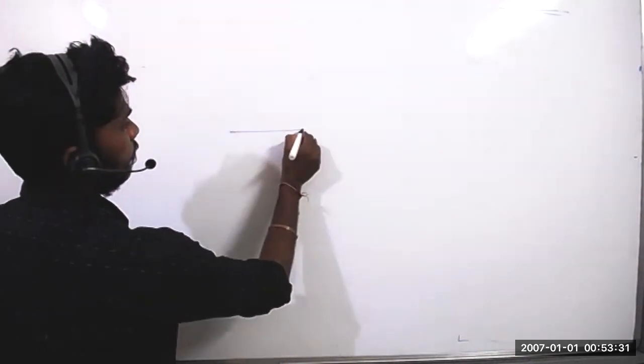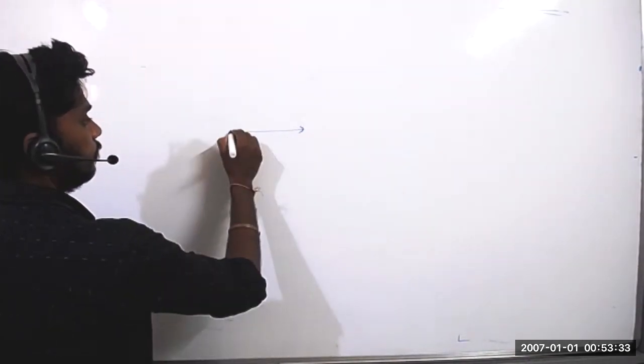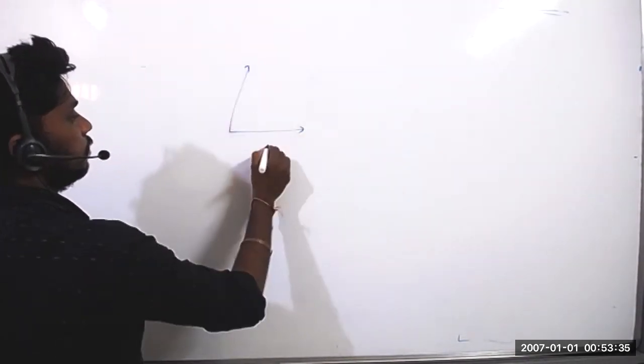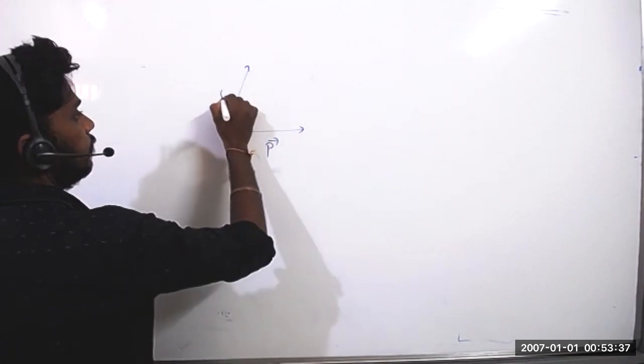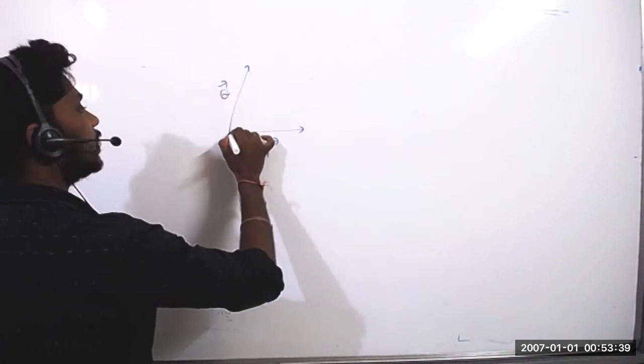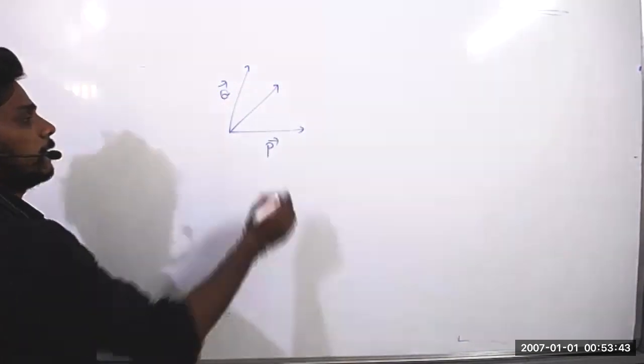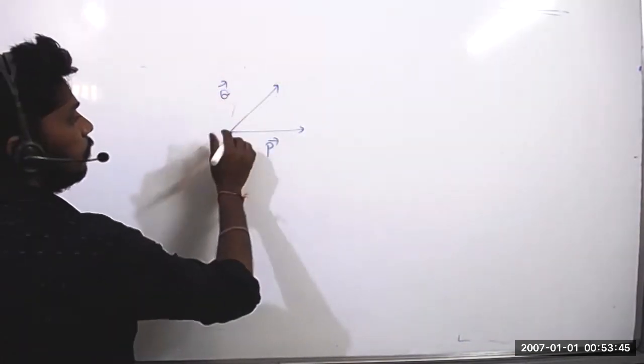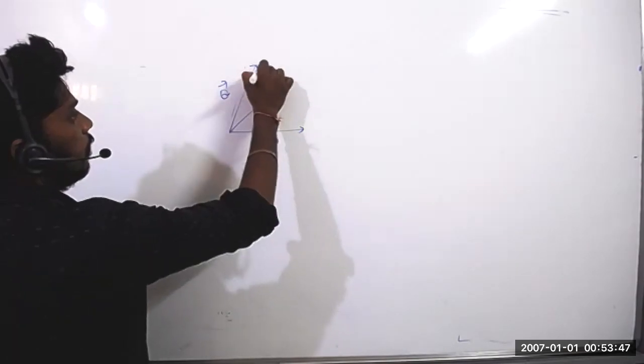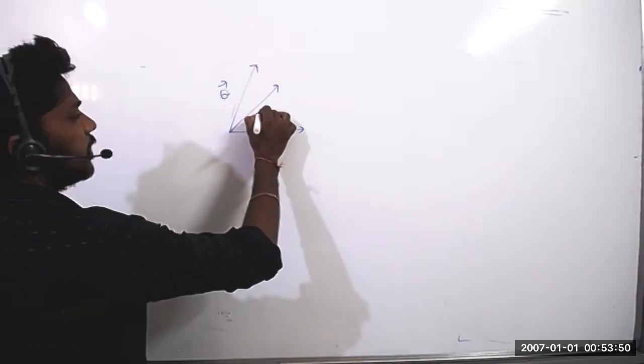Now see, the resultant will be in this direction, right? Suppose the resultant is R bar.